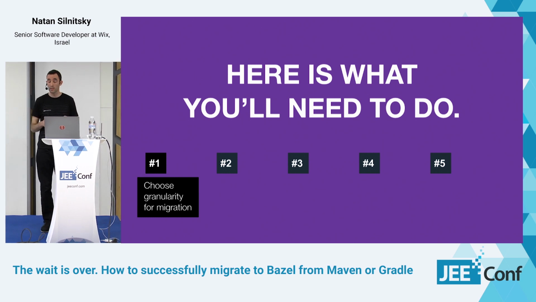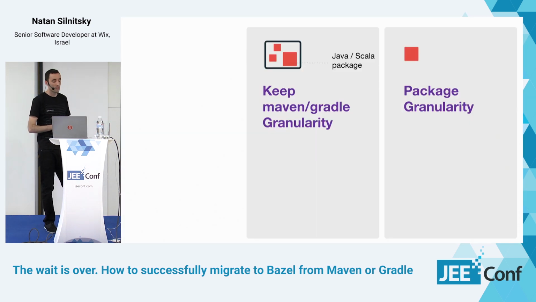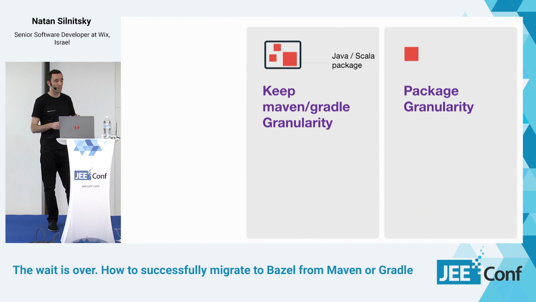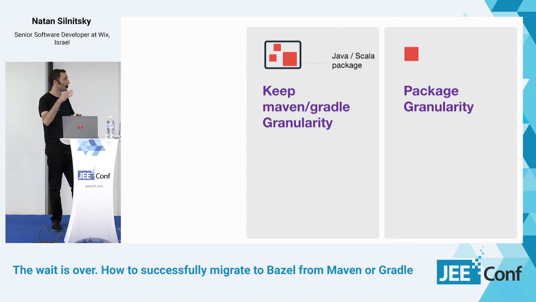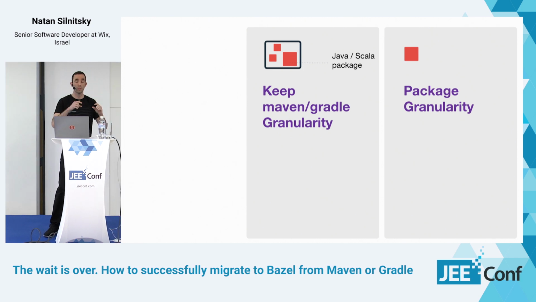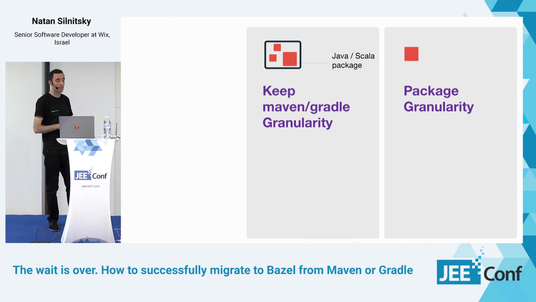The first is choosing the granularity for the migration. You have 2 basic options here. You can either keep the Maven Gradle granularity, or you can decide on a finer grain with, let's say, package-level granularity.